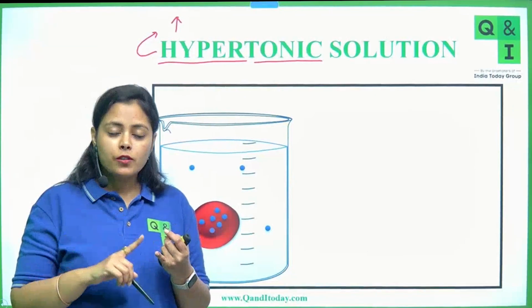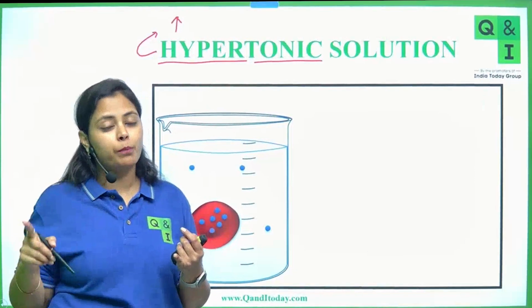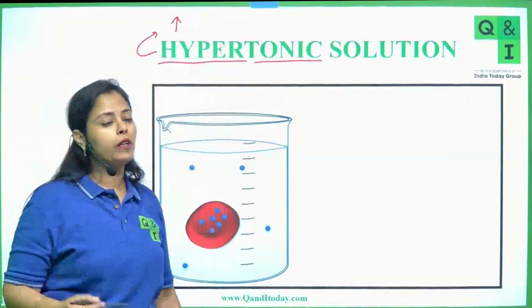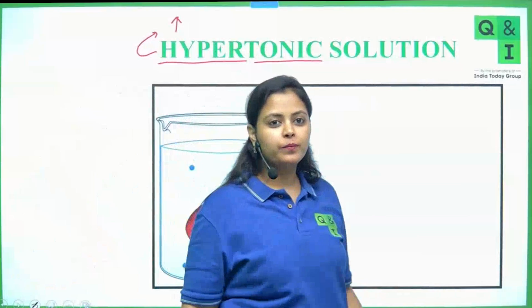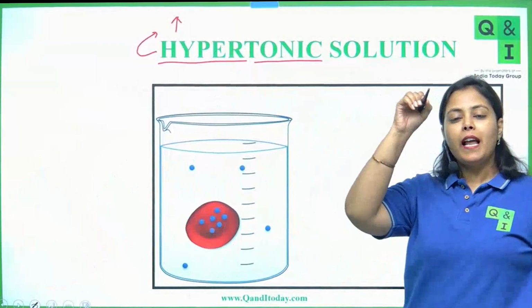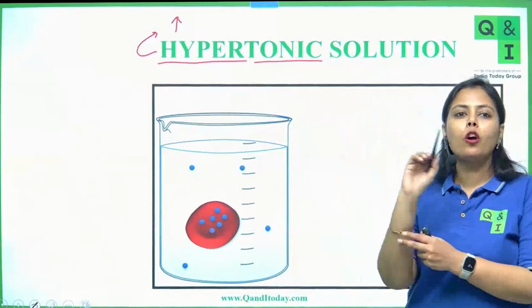Now, I just told you that in hypotonic, it is less solute plus more water. So what would be here? Hypertonic would be more what? Everyone type it. Solute plus what? Water, more or less?